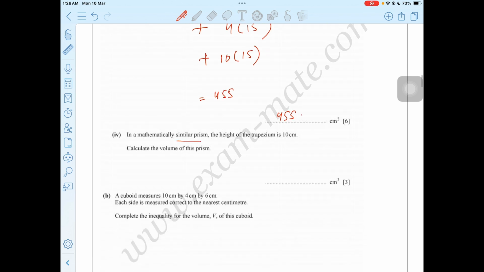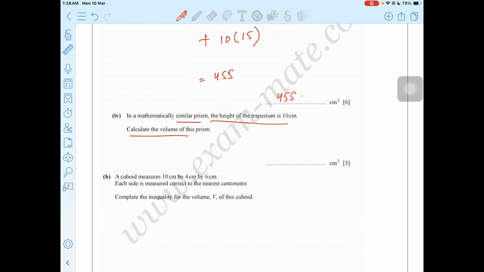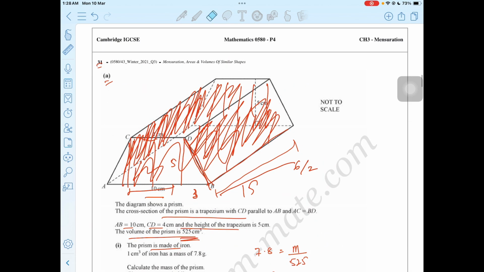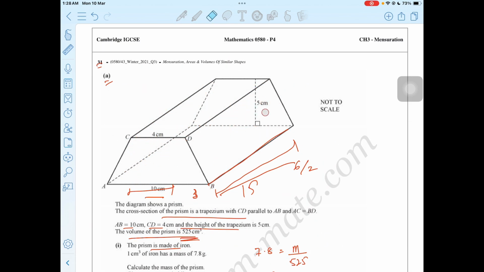In a mathematically similar prism, the height of the trapezium is 10 centimeters. Calculate the volume of this prism, right? So we have 10 as the height of the prism. We had 5 over here, right?